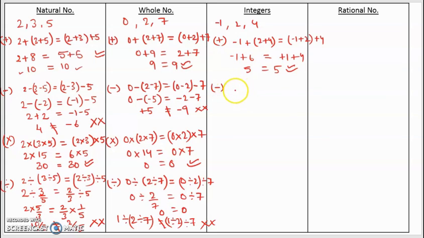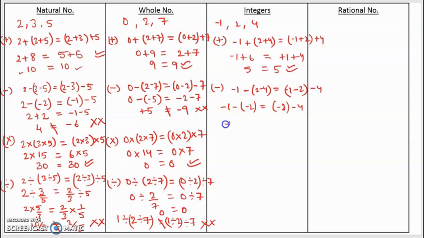Now subtraction. So -1 minus 2 minus 4 should be equal to -1 minus 2 whole minus 4. So LHS -1 minus of 2 minus 4 is -2 should be equal to -1 minus 2 is -3 minus 4.